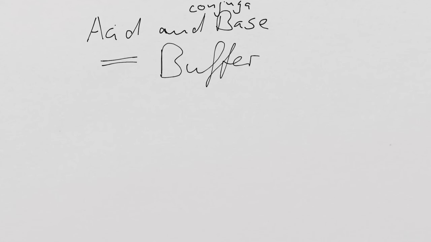Yeah? You have used a buffer before, haven't you? In one of the practicals, you used a phosphate buffer and a borate buffer. These buffers make sure that in your reaction, the pH does not change dramatically.